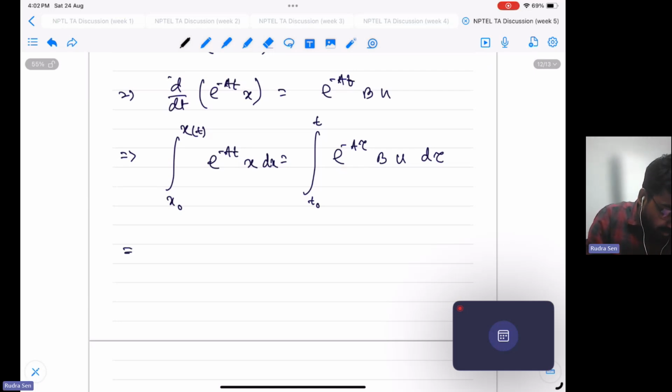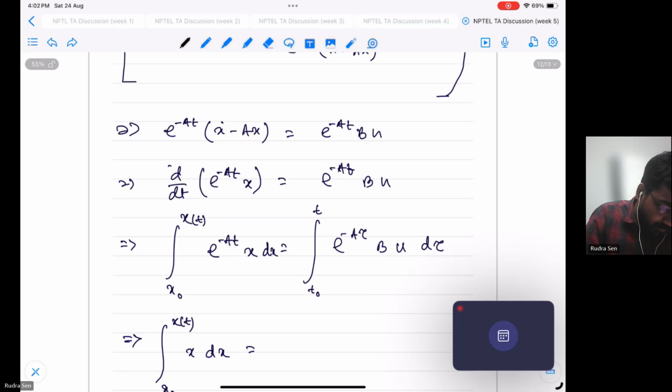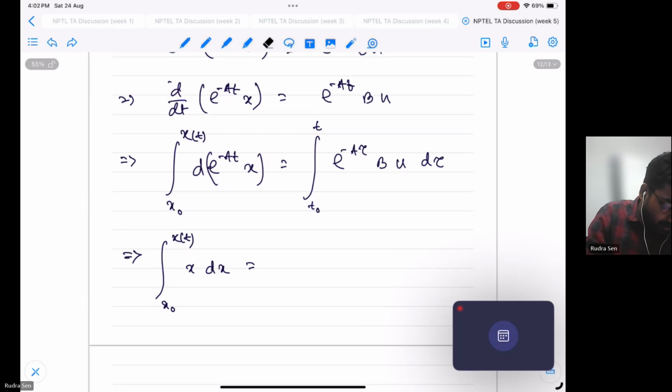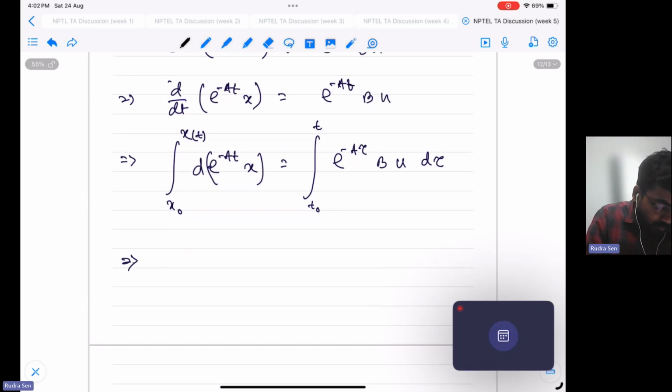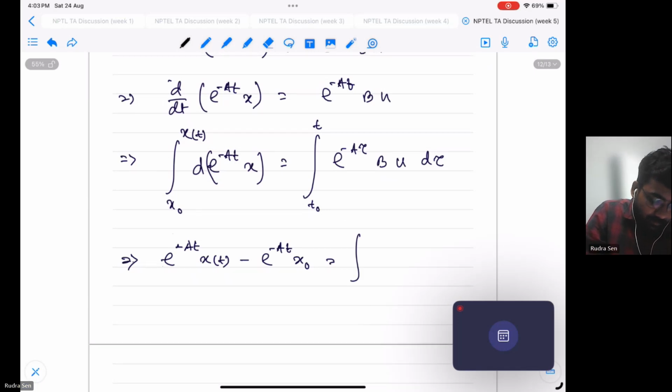So what we get is e to the power minus At into x of t minus e to the power minus At into x0, equals the integral of e to the power minus A tau Bu d tau.